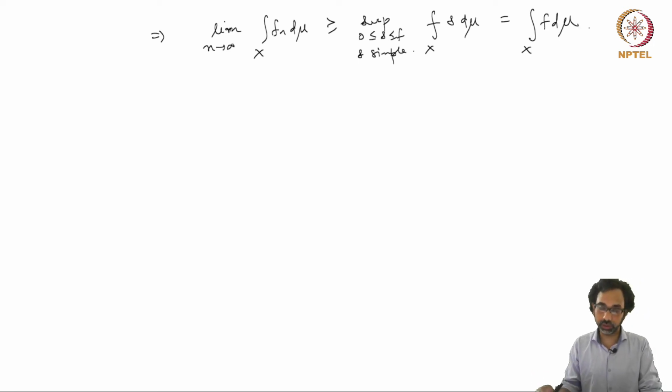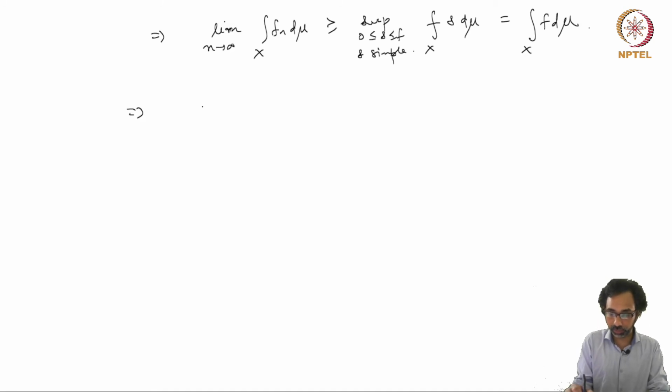So we have shown the reverse inequality. This implies that the integral of f d mu is equal to the limit as n tends to infinity of the integral of f_n d mu.